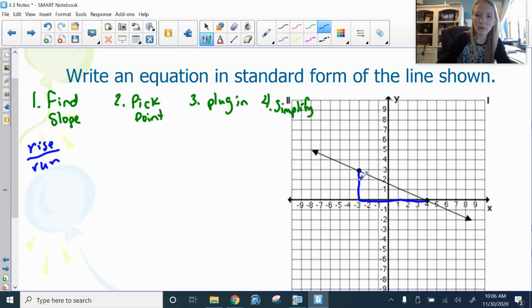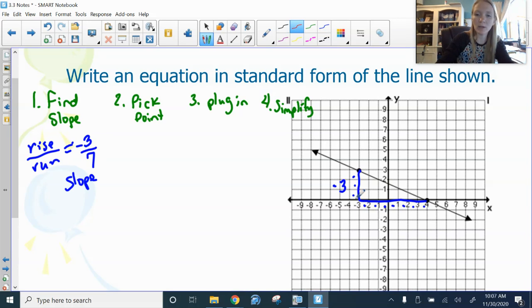So we can see in this slope, we're going 1, 2, 3, down 3. And then we're going over 1, 2, 3, 4, 5, 6, 7. So our slope, ooh, this one's not as pretty, is negative 3 over 7. Ugh. That's okay. We can work it out.